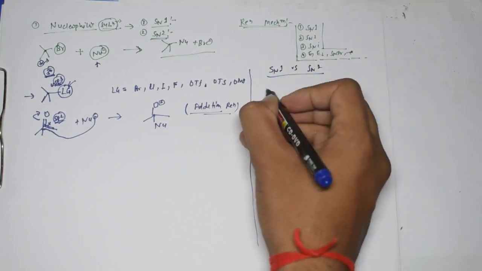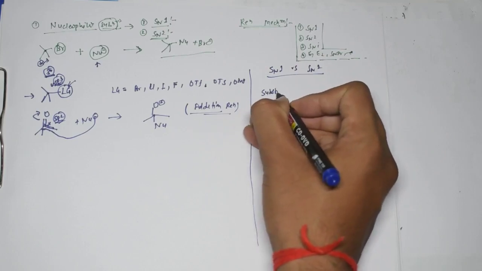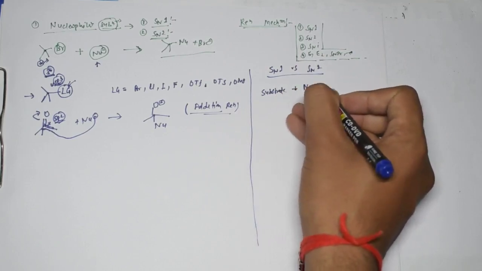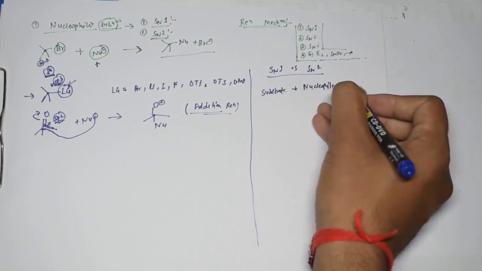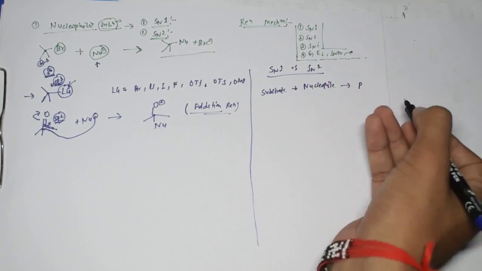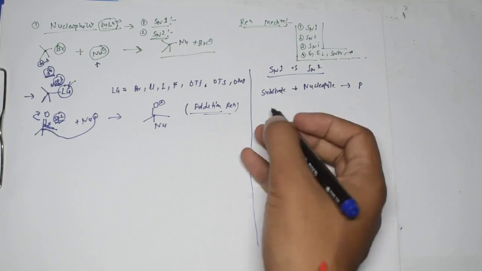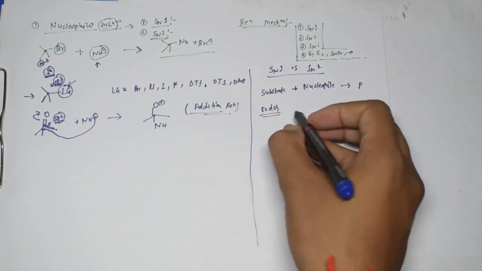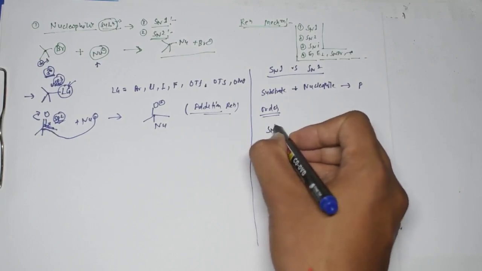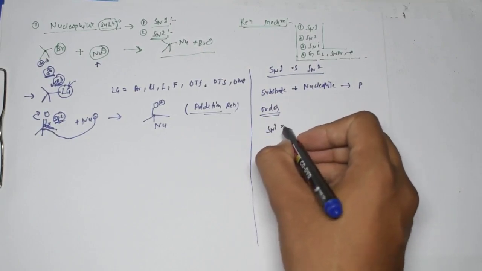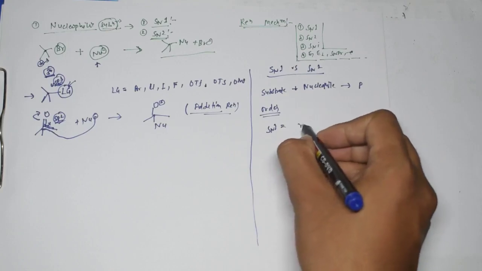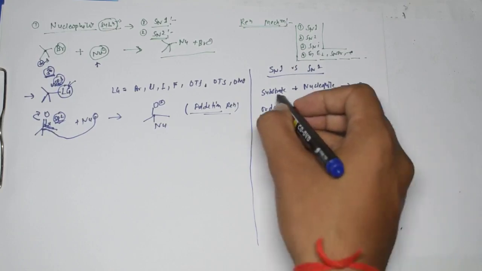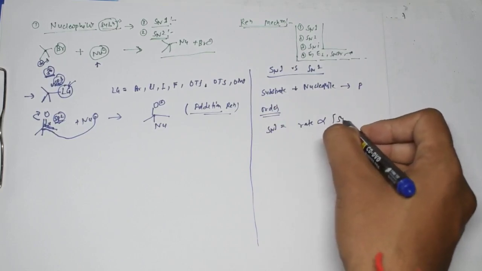Here generally if I take a substrate plus here we have a nucleophile, and it is giving a product like this, right? So if I talk about the orders, in case of SN1, the rate is directly proportional to the concentration of this substrate only.